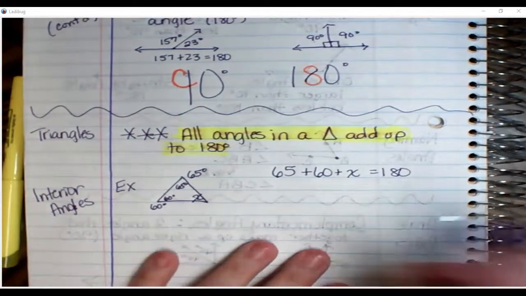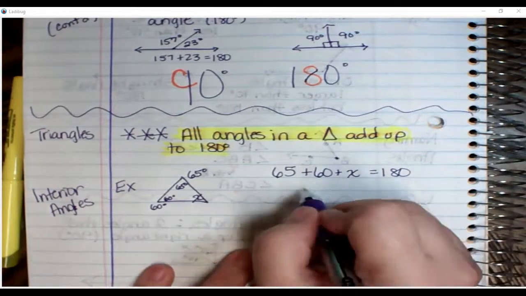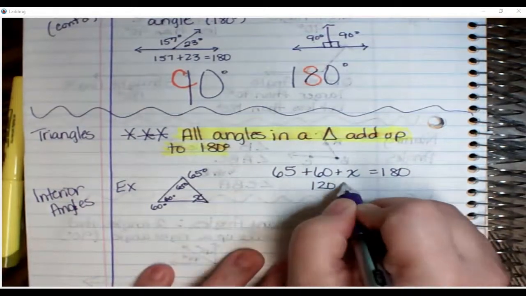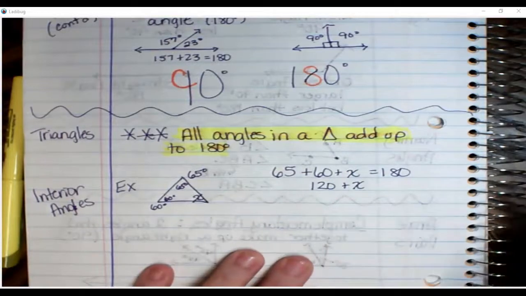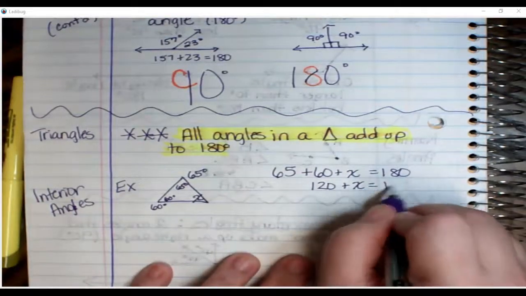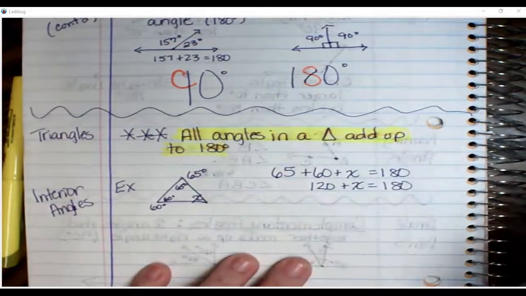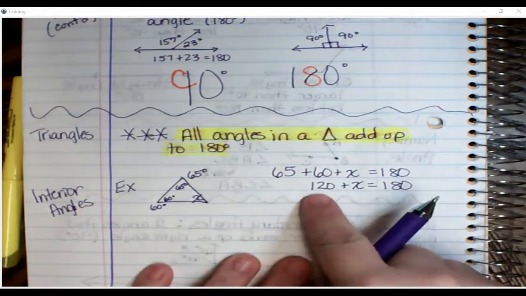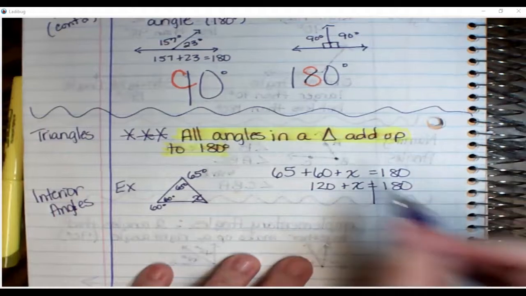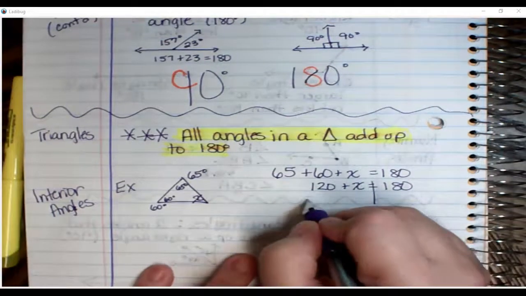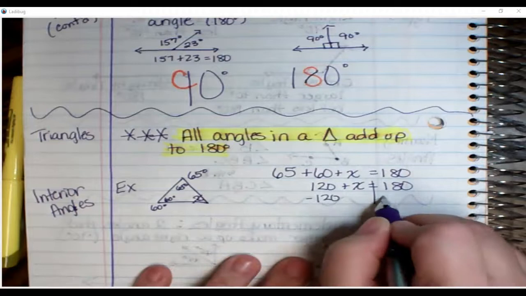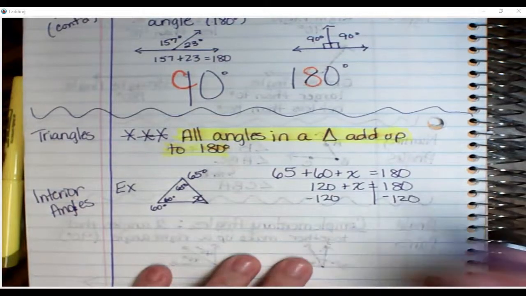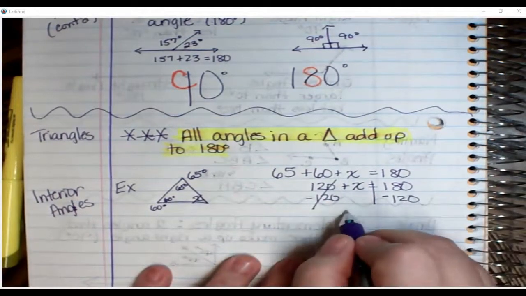Do a little simplifying. 65 plus 60 is 120, so 120 plus that extra missing angle equals 180. This is just a one-step equation, guys. We need to solve for X. How do I get rid of the 120? I have to do the inverse operation, so I subtract 120 from both sides. That cancels.